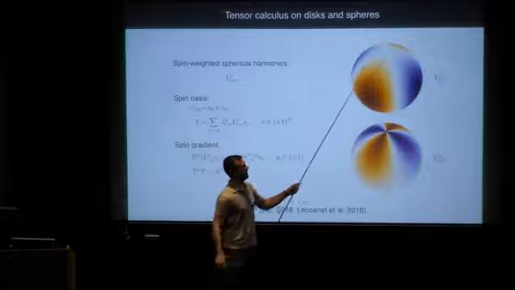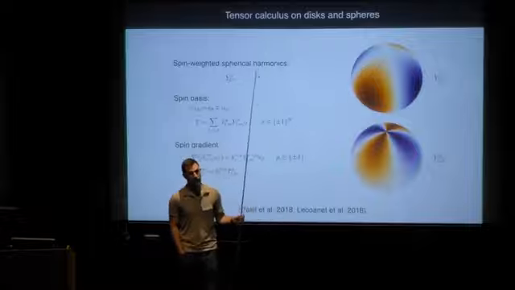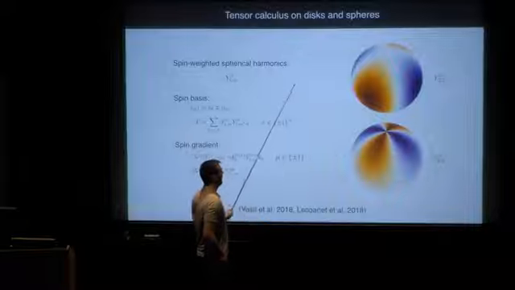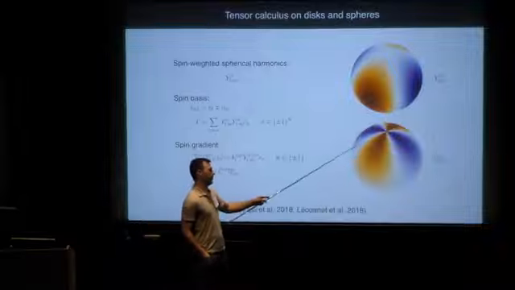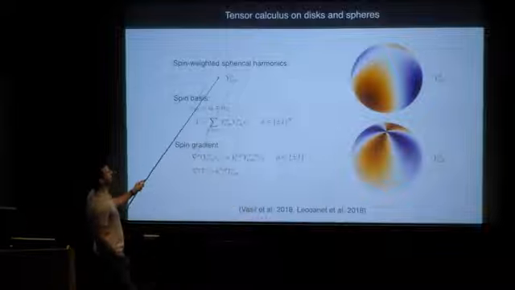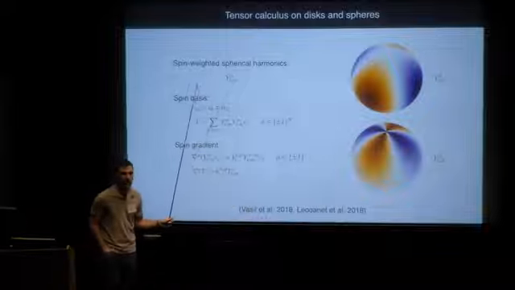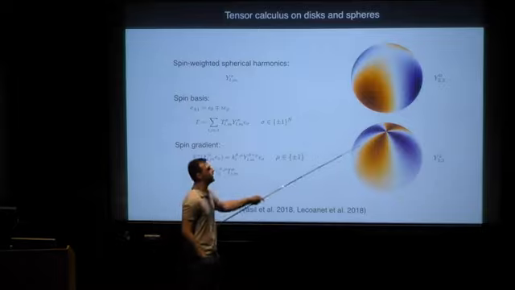So these give us a basis function that's really good for representing scalar values on the sphere. But if I want to represent vectors or tensor components, again, those are singular at the poles. And these spin-weighted spherical harmonics are sort of an extension of the standard spherical harmonics that take that regularity into account.